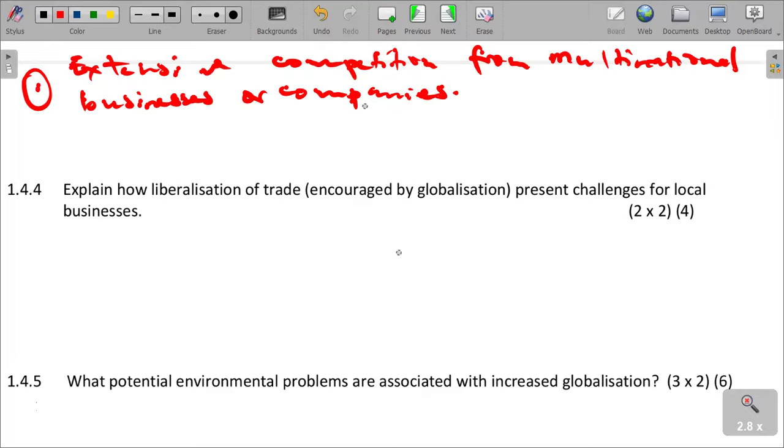Competition is too much, so extensive competition from multinational companies makes it difficult.